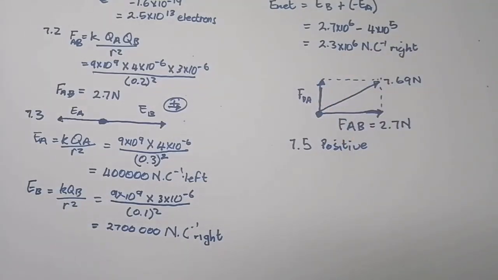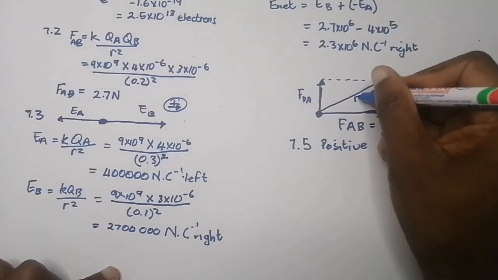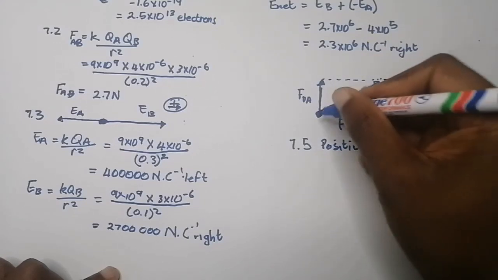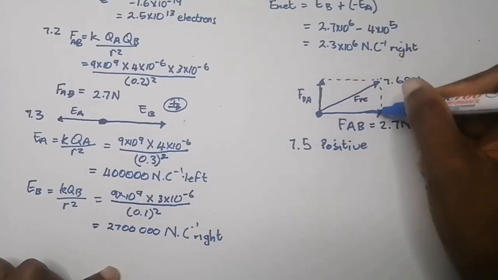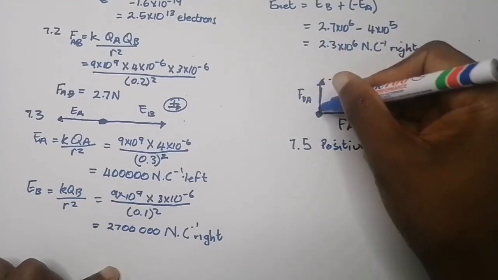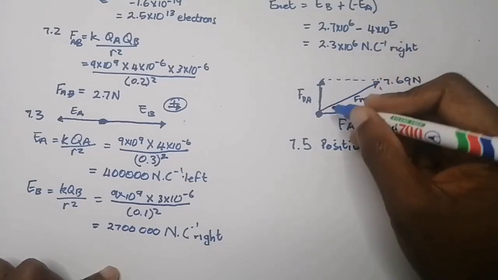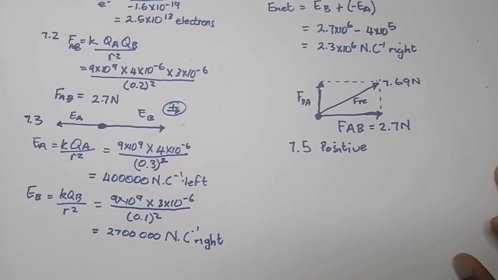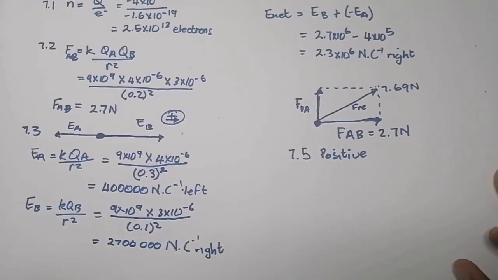And remember, to get that resultant, what do we normally do? If you think about it, this is sort of a 90-degree triangle, whether you look at this triangle or this one, because a parallelogram breaks into two equal triangles.